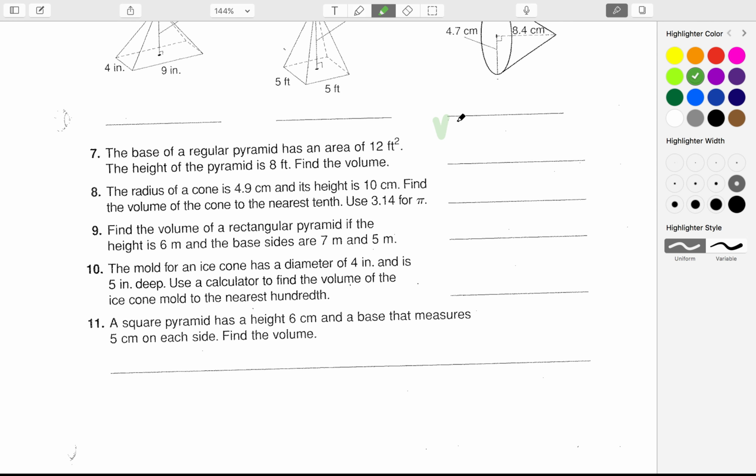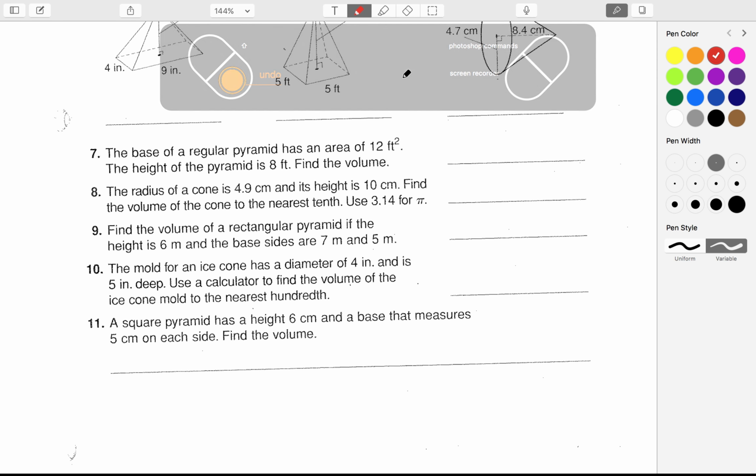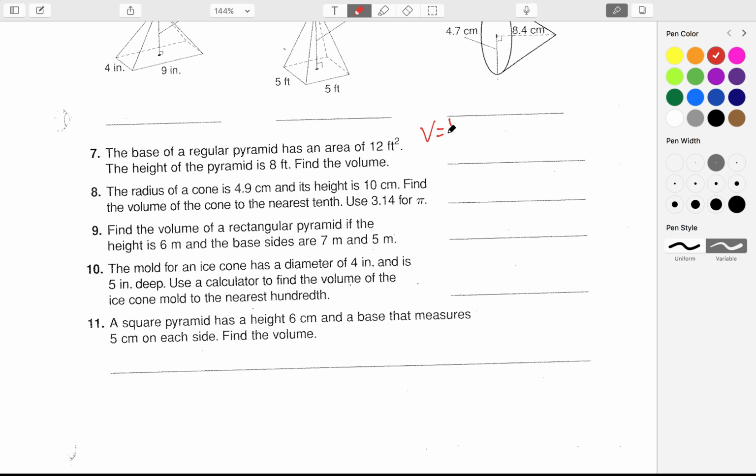So this is volume. Let's change that. Volume equals 1/3 base, big B, times height. The base of a rectangular pyramid has an area of 12 feet, so this B needs to change to 12. So 1/3 times 12 times your height of 8. There you go. And you're ready to work this out.